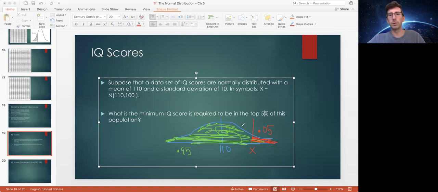So I'm looking for 5% above and 95%, or 0.95, below me. We're given the 0.05, and from that we deduce the 0.95 to the left, which we'll need in a second. And what we're looking for is a specific value of IQ scores to meet this area under the curve.